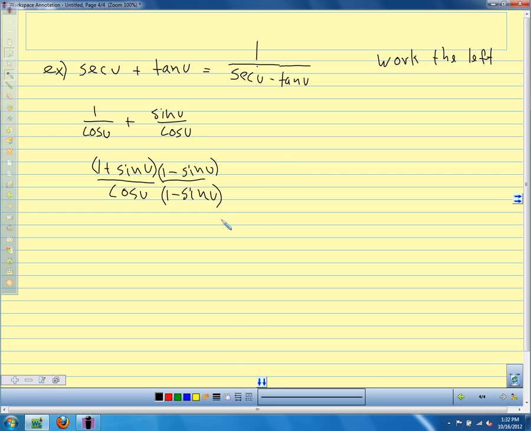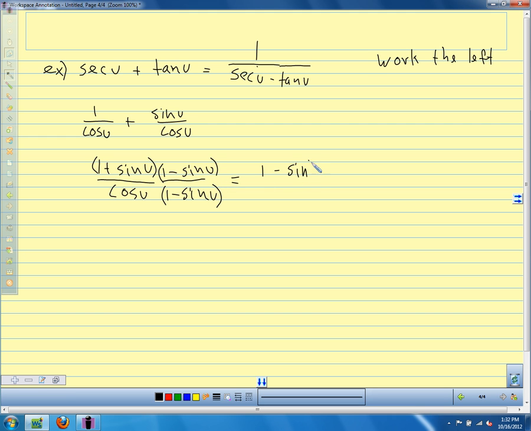I'm not sure this is going to work, but I'm following along with what you guys said. I think it will. When I FOIL this out, I get 1 for the first, minus sine u for the outside, plus sine u for the inside, and minus sine squared u for the last.